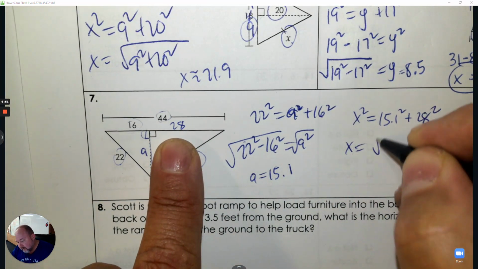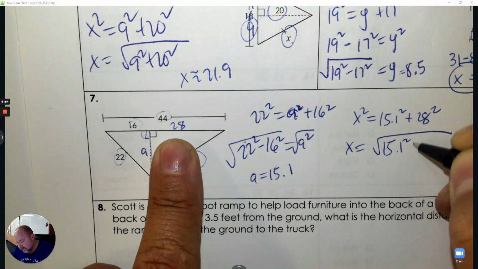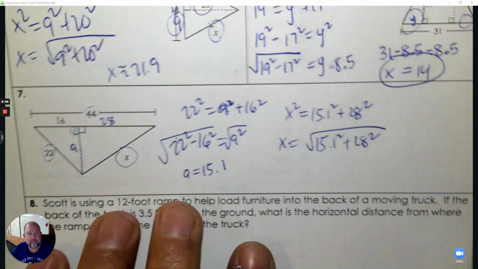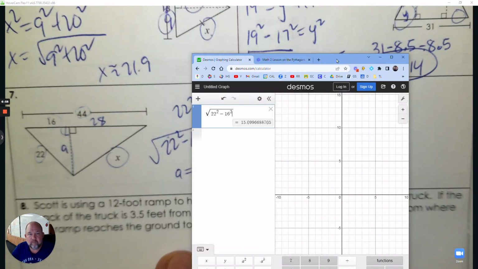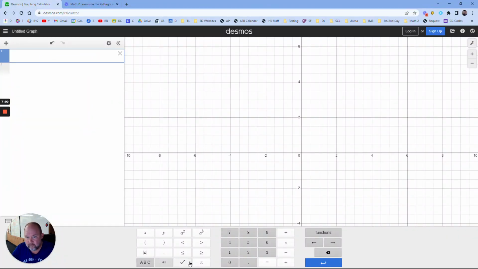And then that's what I'm going to solve for using my calculator. And I get 31.8. And that's what I was looking for.